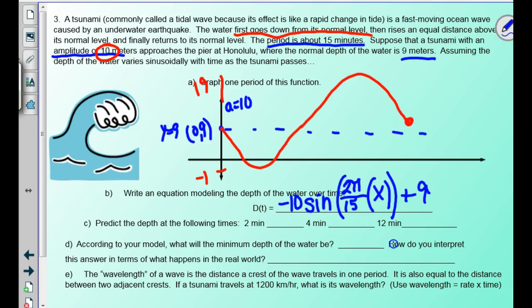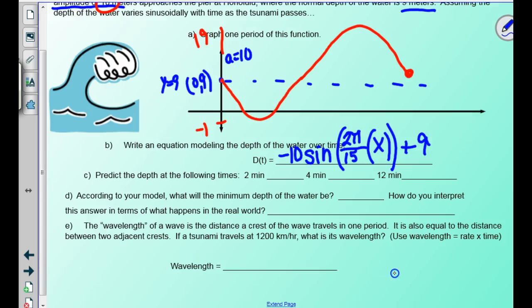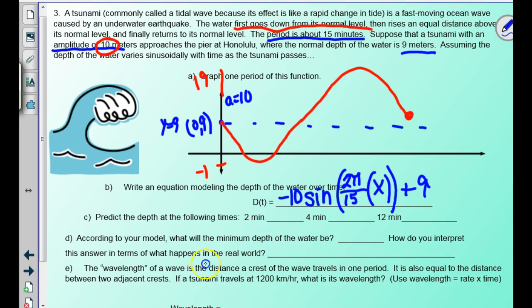Okay. It does ask some weird questions down here about wavelength, but we can skip that for today. What would it look like? How do you have a depth of -1? If you were standing on the pier and it's normally the water underneath the pier is 9 feet, what would it look like when it went to a depth of -1?